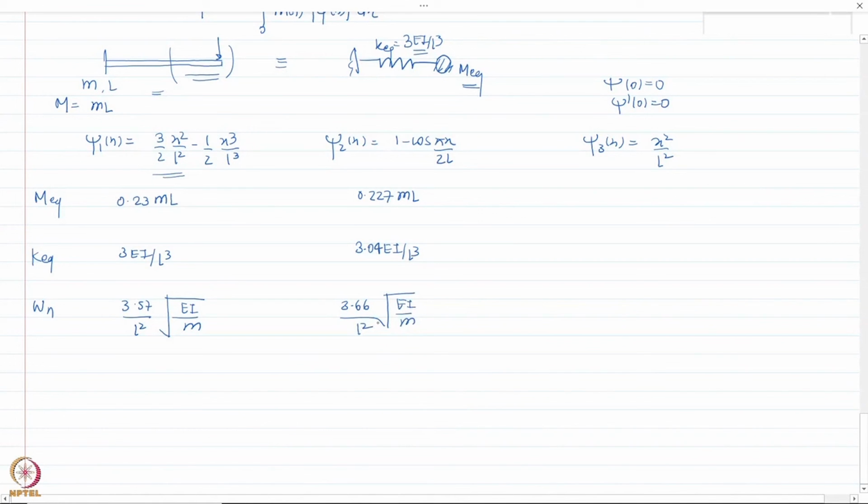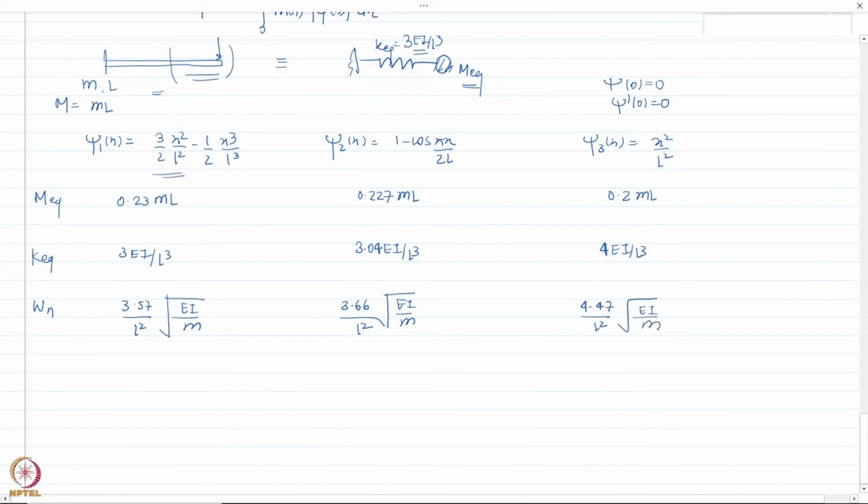For the third case, if I do that, this comes out to be 0.2 times ml, this comes out to be 4 EI by L cube, and this comes out to be around 4.47 divided by L square EI by m.